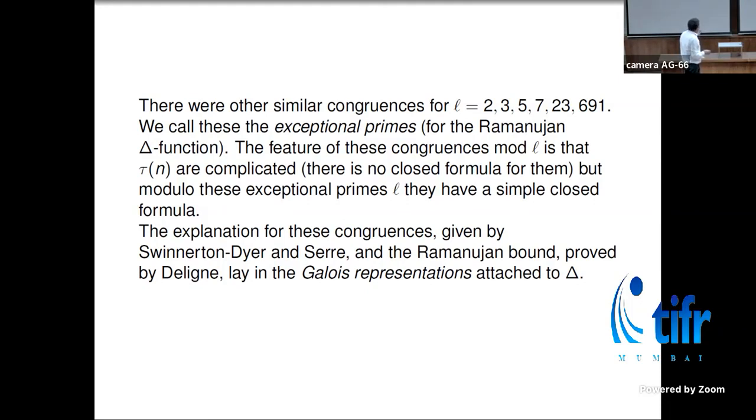So the explanation for these congruences, given in the 1960s, and the Ramanujan bound, so the proof of all these, arose. The answer lay in the Galois representations associated to the delta function.